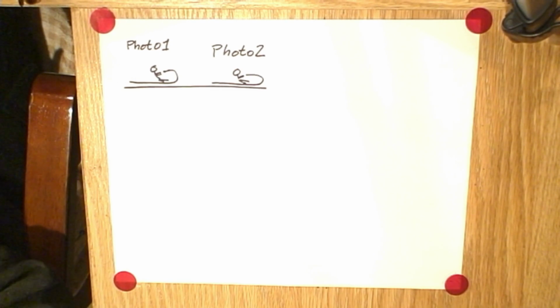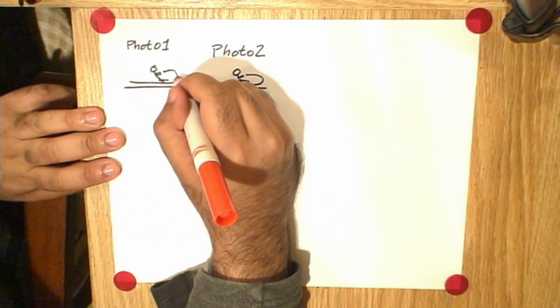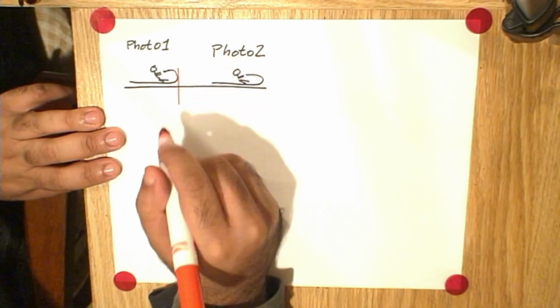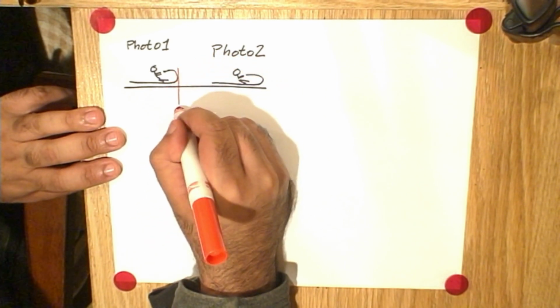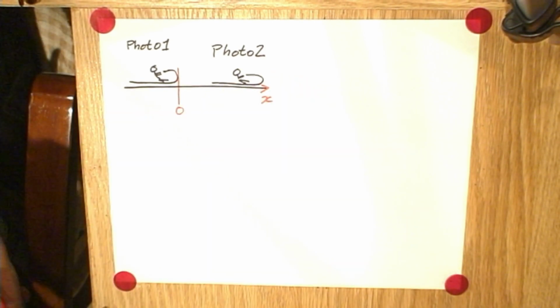Now, let us see what we know in this situation. Because the child is traveling from left to right, we can set our origin at the front edge of the sled like this, and we can set rightwards as being the positive direction.